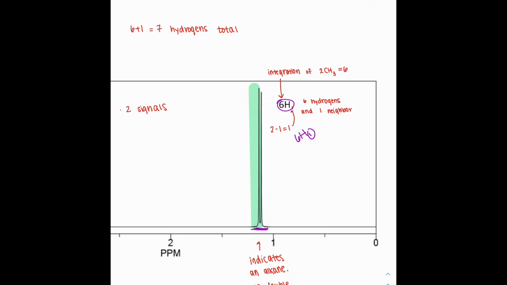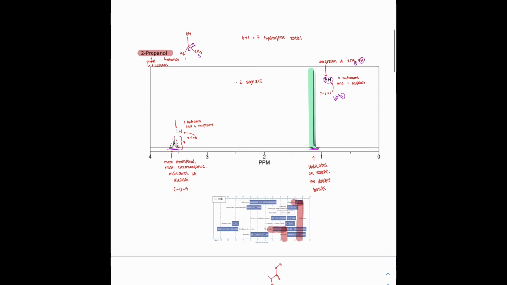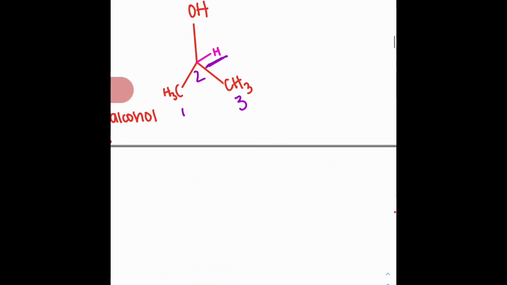And 6H, that 6 is the integration number, and just because it's 6, we can be like, okay, based on the structure, it's going to be the integration of 2 methyl groups. So 3 plus 3 is going to be 6 here. And we can confirm that since we know the structure.